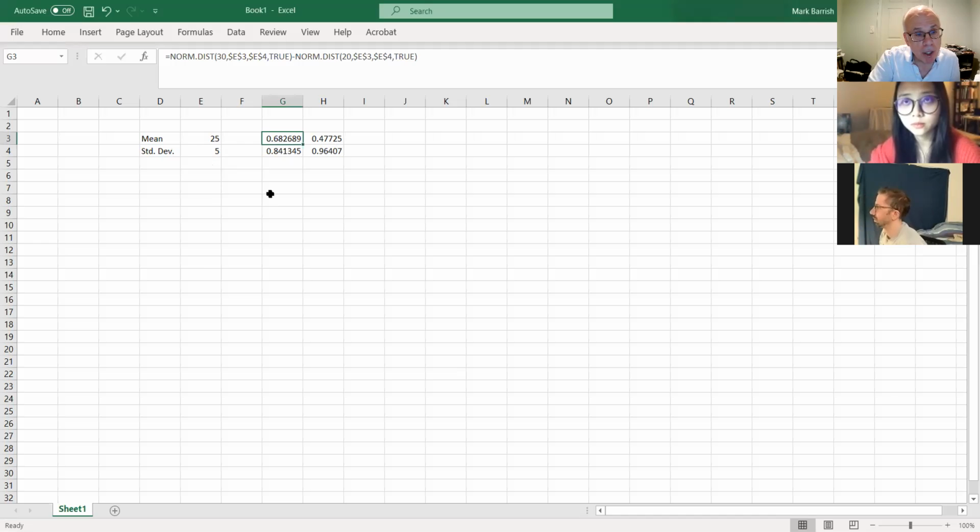The first one here, I'm subtracting two normal distributions, one from 20 to 30. I'll put the normal distribution starting at 30 first, and then I put the mean, standard deviation, and I put true in here for cumulative. Cumulative meaning what? Less than or equal to.